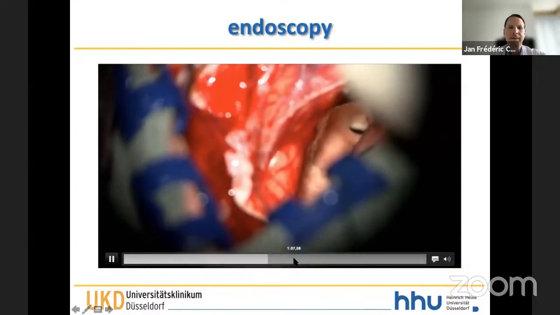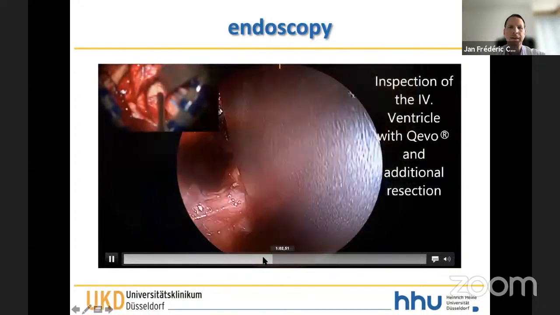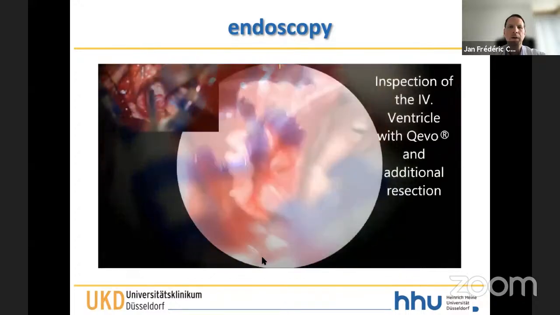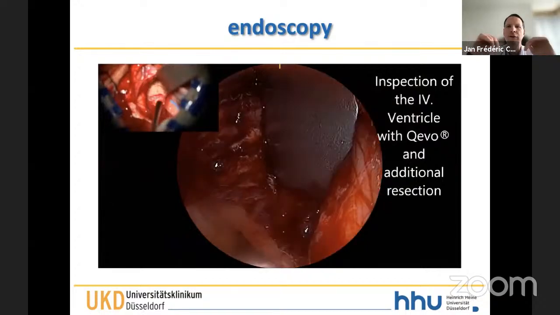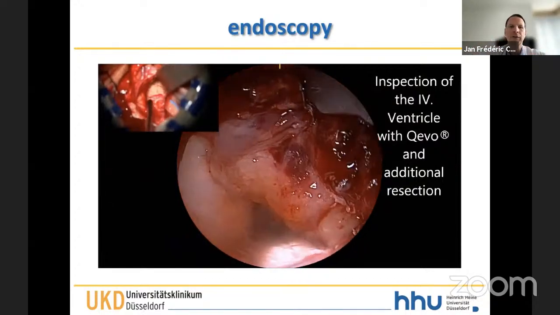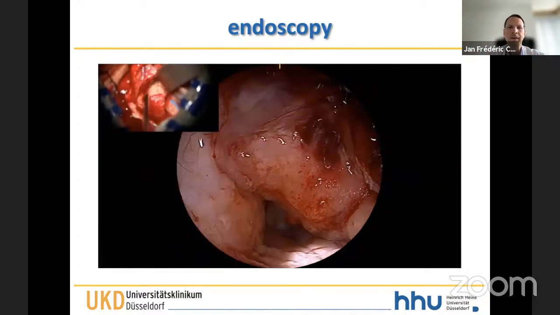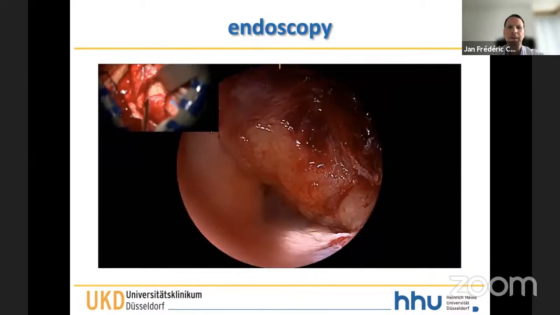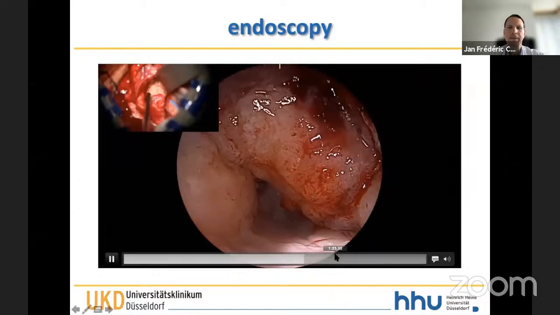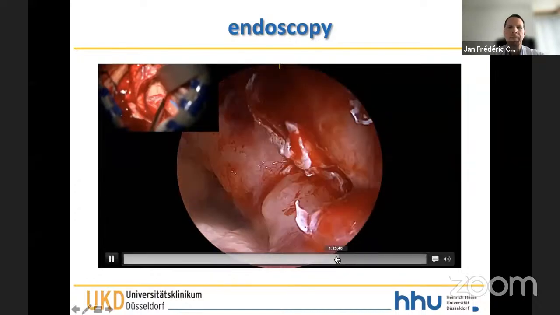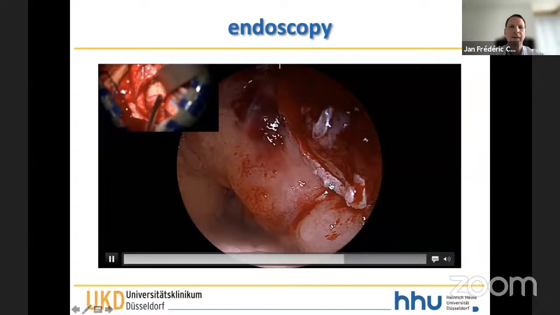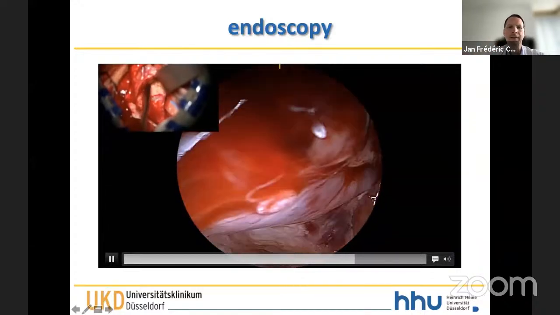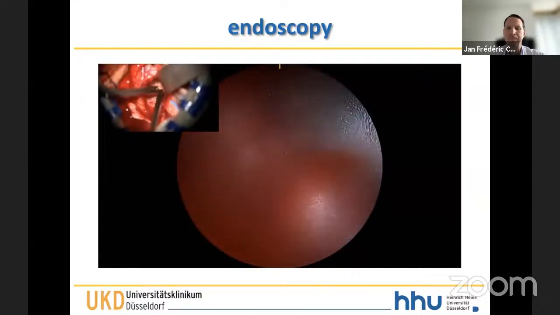And so this is a view at the end of the microsurgical procedure. So we only used a dynamic retraction, no static retraction. And now we are inspecting the fourth ventricle with an endoscope. And there were some pieces here of the epidermoid that were overlooked when just looking in straight with a microscope.